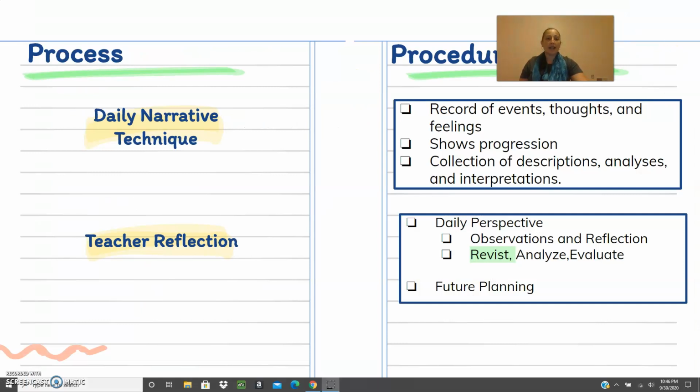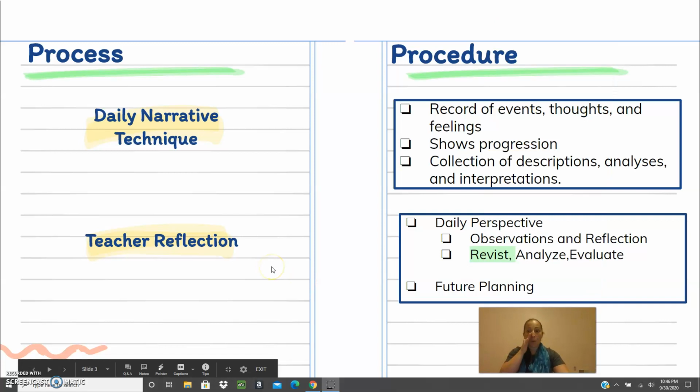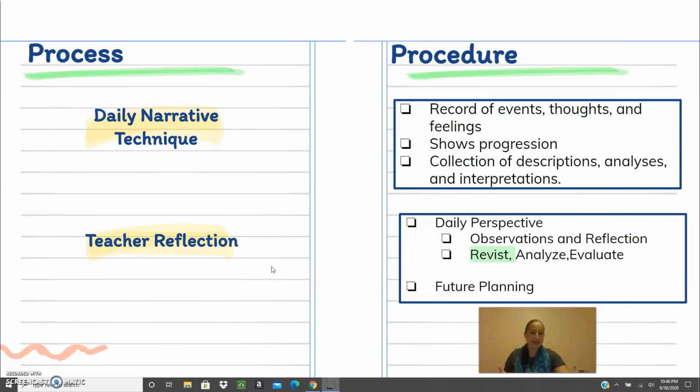So what process and procedures are really necessary for all of these different types of journaling? So really now just focusing on the student or the teacher. And like I said, it is going to be a daily narrative. So you're recording all events, thoughts, and feelings. Like I said before, it's showing a progression from start to finish.